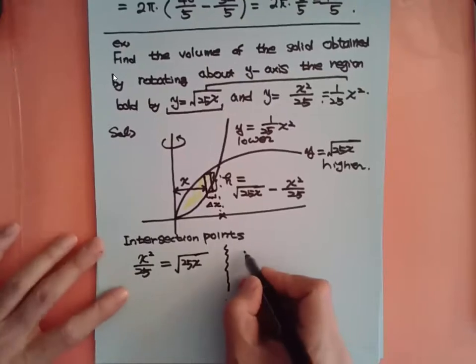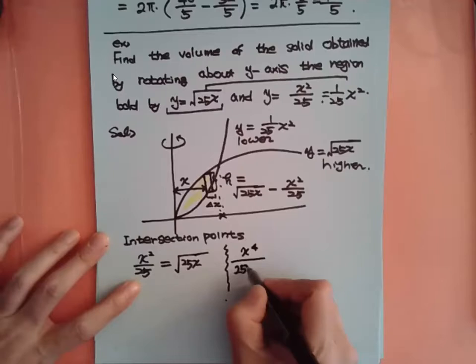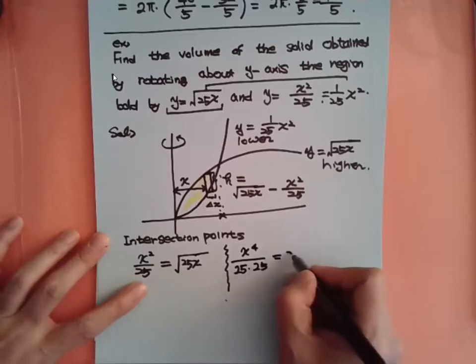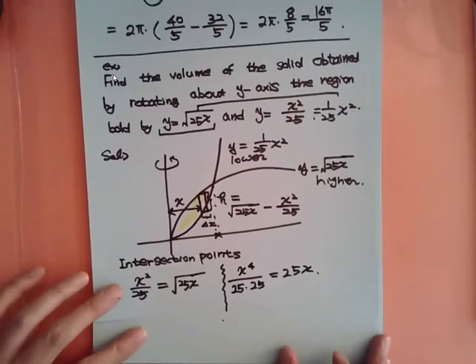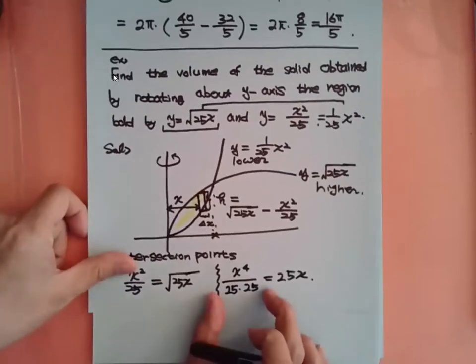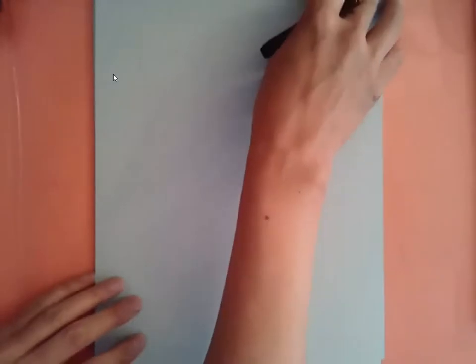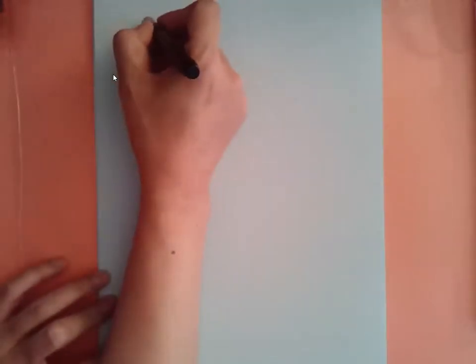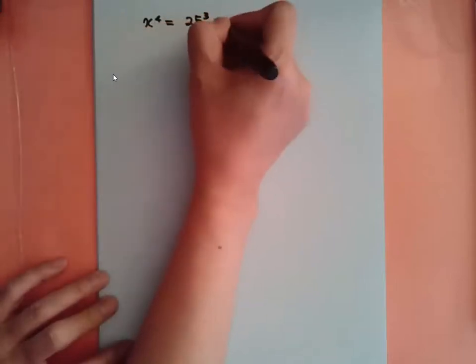So let's square both sides. Then that'll be x to the 4th power over 25 times 25, since this one squared is 25 times 25. Right side is 25x. So we multiply by 25 times 25 on both sides. So x to the 4th power equals 25 cubed x.